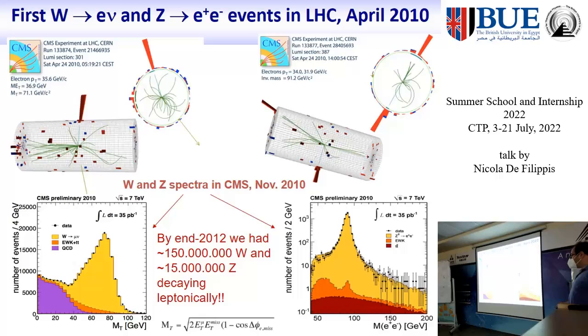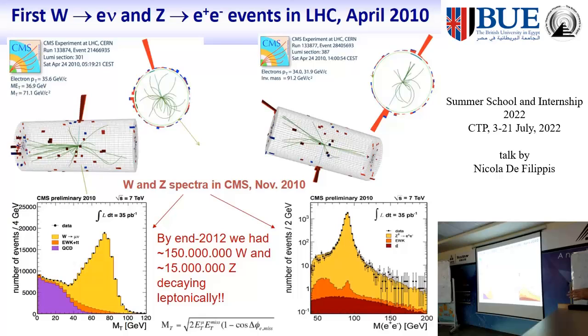Well, this is what is called the transverse mass, which is obtained by this equation, and takes into account the fact that the neutrino is lost. And so the only way to reconstruct the energy momentum of the neutrino is in the transverse plane.